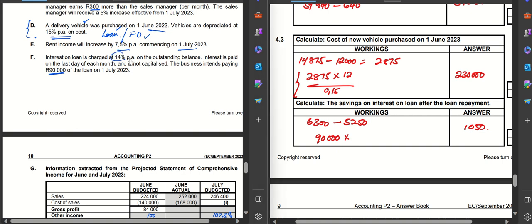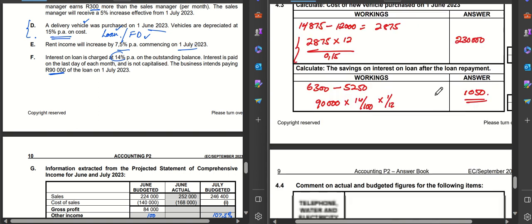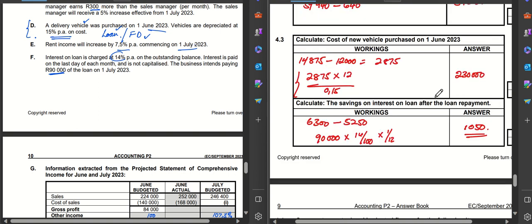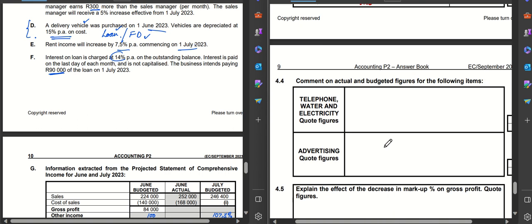Remember, the interest rate is 14%. 90,000 multiplied by 14 over 100, and then remember, you want for 1 month, so 1 over 12, and then it should give you your 1,050.